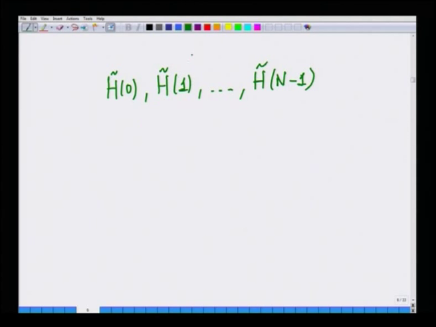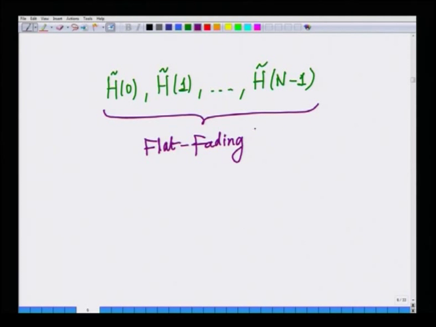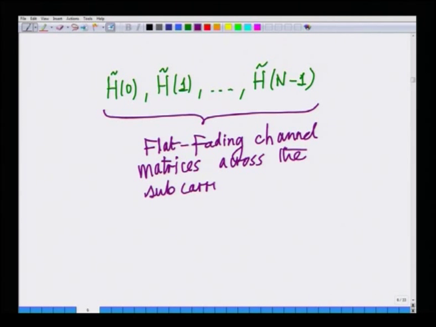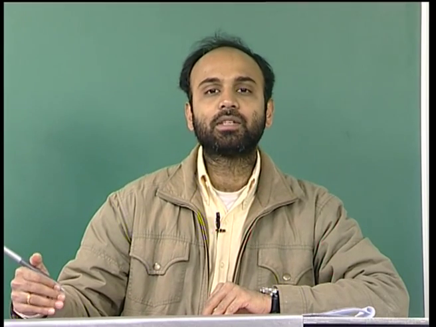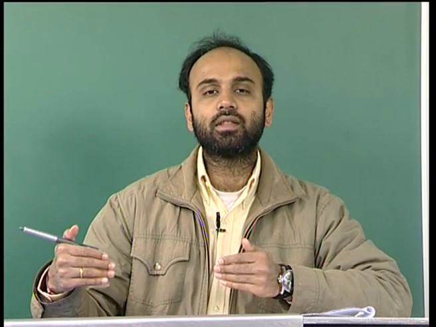So, these are nothing but the flat fading channel matrices across the n subcarriers, and they are simply computed by the FFT of the channel taps, similar to what we did in OFDM, except now these are matrices.